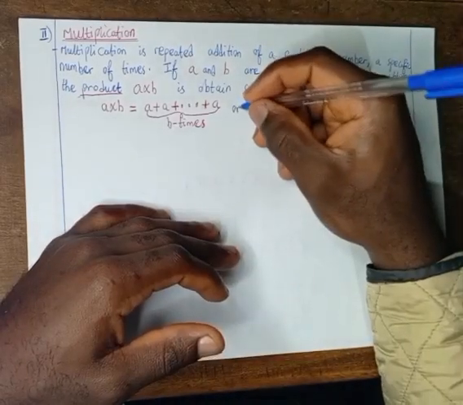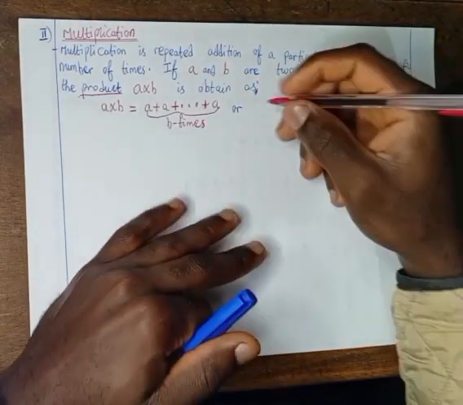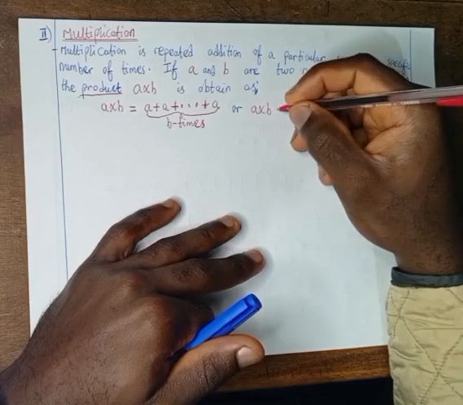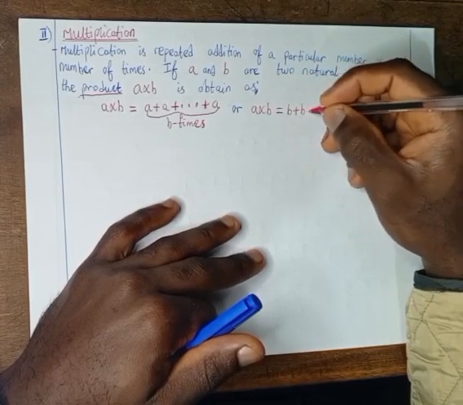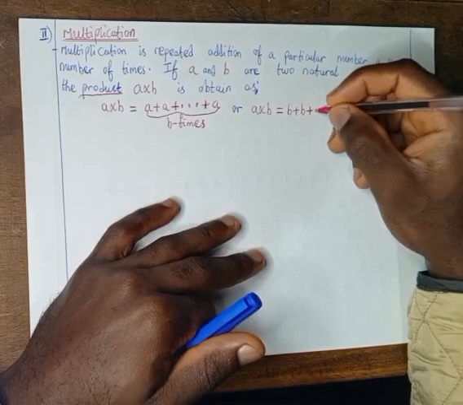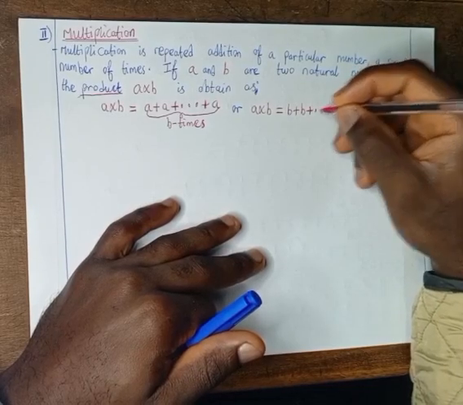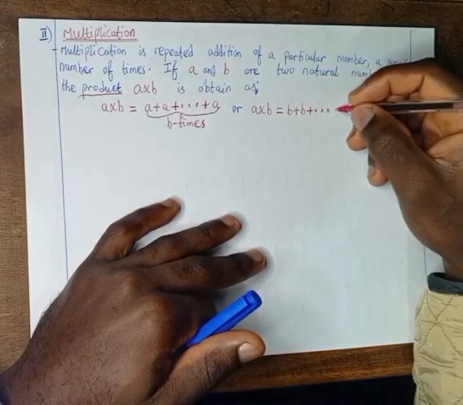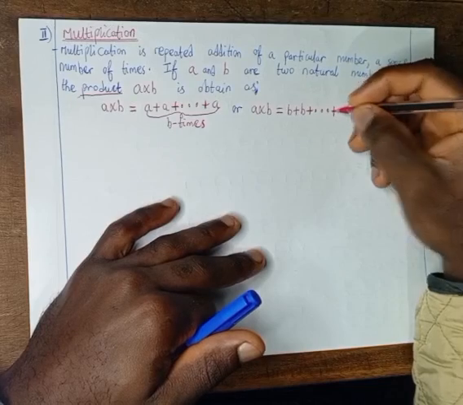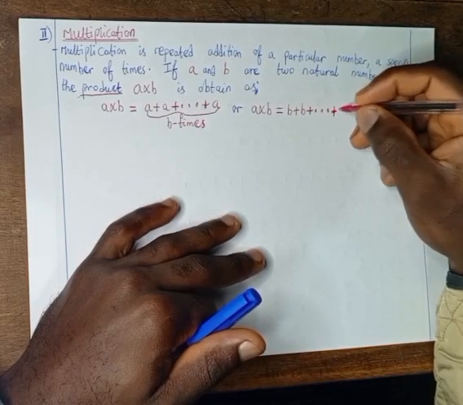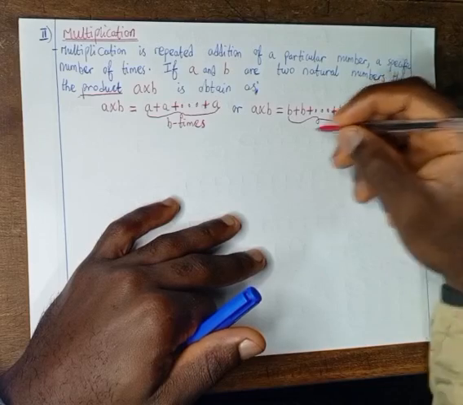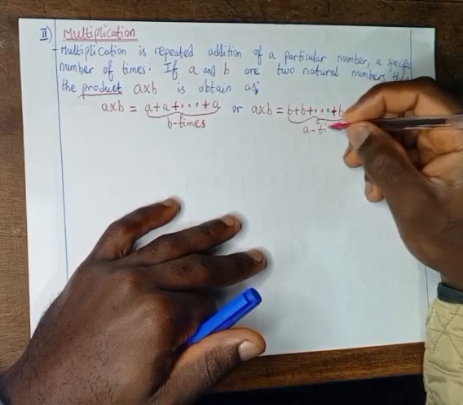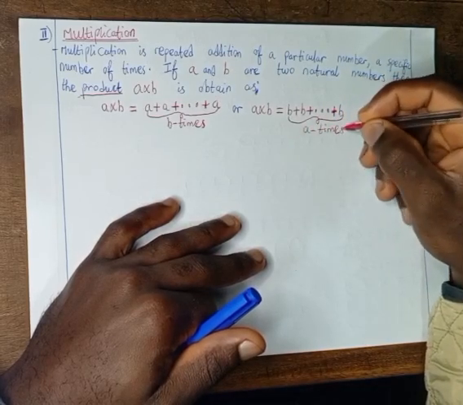Or we can take it this other way. A times B is equal to, we take the number B, we add the number B to itself, A times. These 3 dots simply mean it continues right down to the last time you're adding the number B to itself. So we are performing the addition A times in this case.